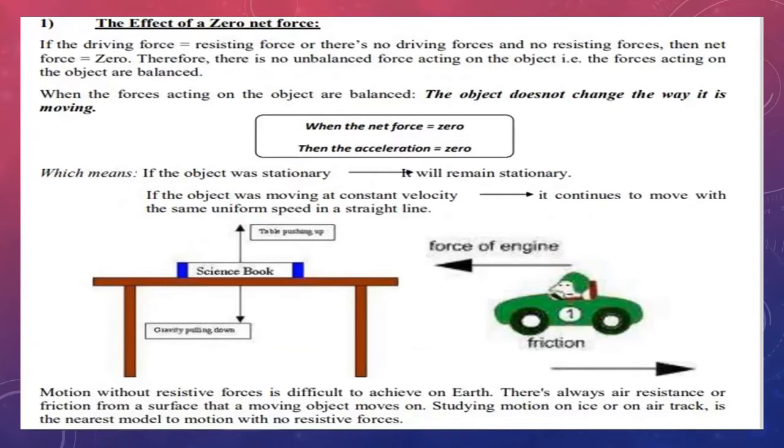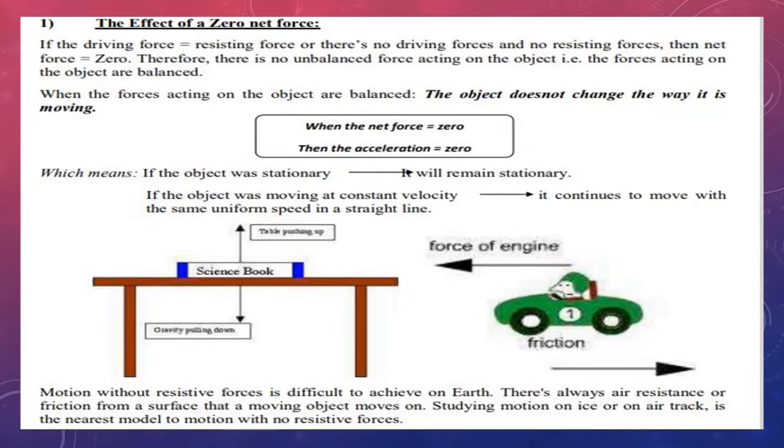Now we will discuss different forms or different phases of the applied force. What is the effect of the net force if this net force or resultant force equals 0? If the net force equals 0, this means the resultant of all forces which act on this object equals 0.